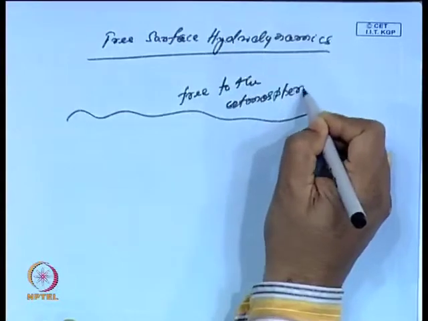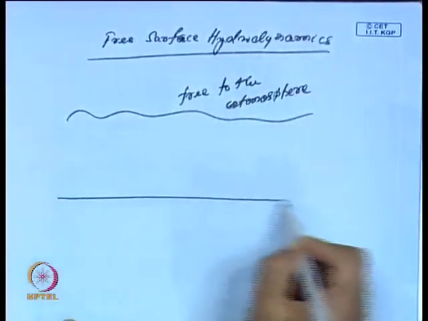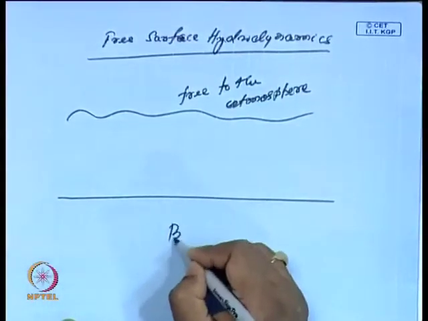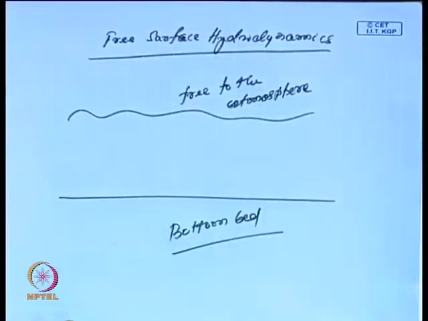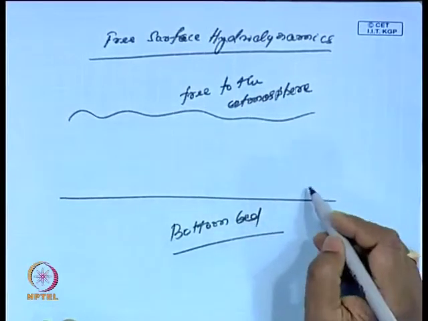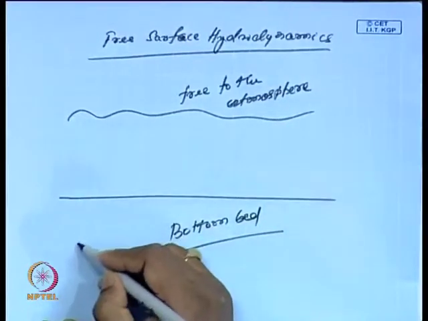So, this surface is not a fixed surface, unlike the bottom sea bed, which is fixed. It can also be moving, because when there is movement of sediment at the bottom, the sea bed need not be a fixed one.